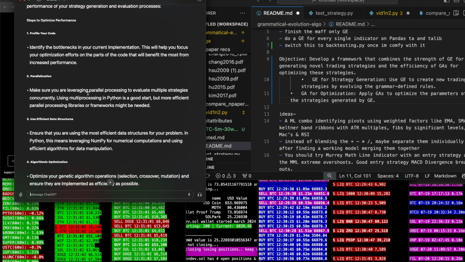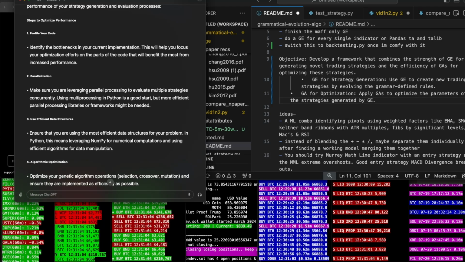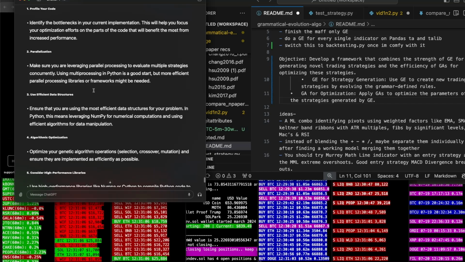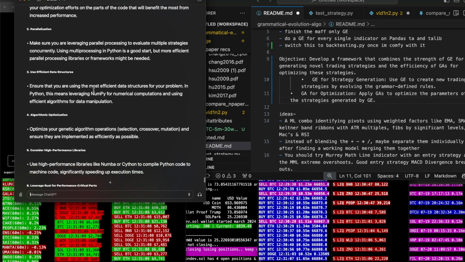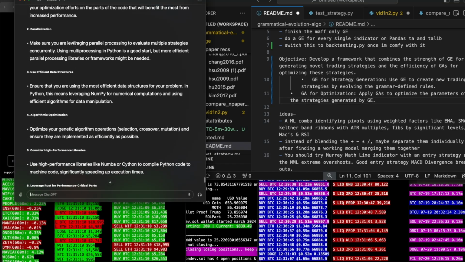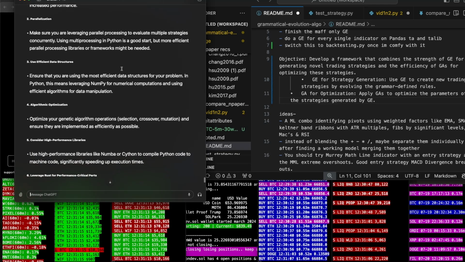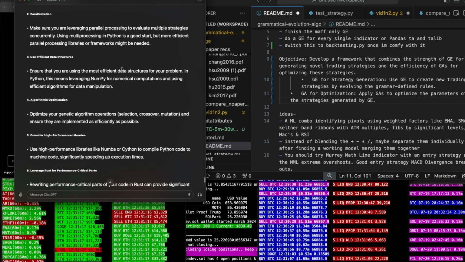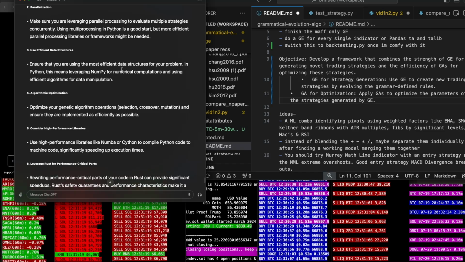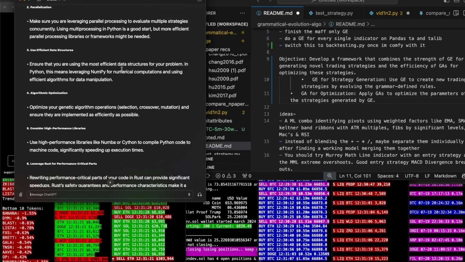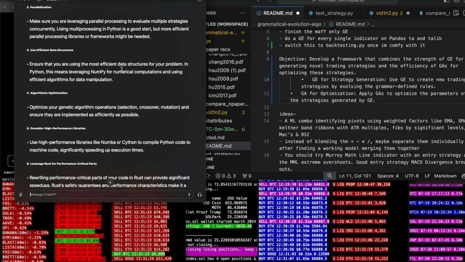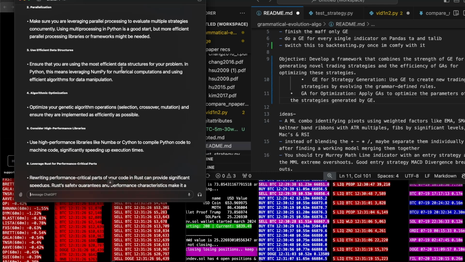This will allow you to focus your optimization efforts on the parts of the code that will benefit the most from increased performance. Make sure you are leveraging parallel processing to evaluate multiple strategies concurrently. Using multiprocessing in Python is a good start, but more efficient parallel processing libraries or frameworks might be needed.